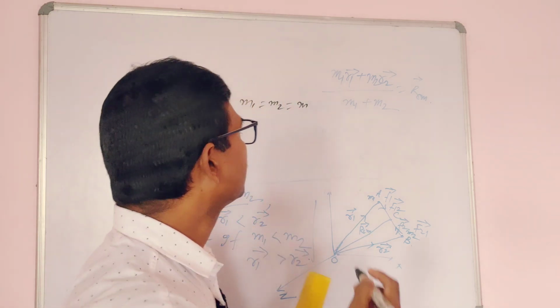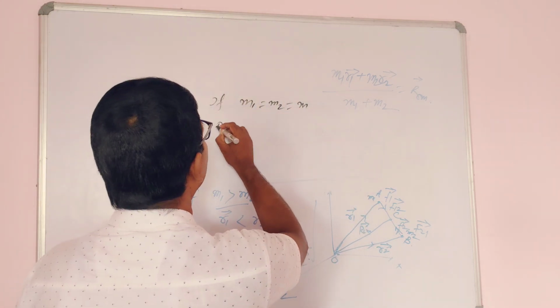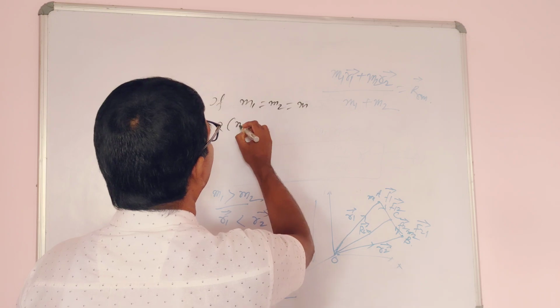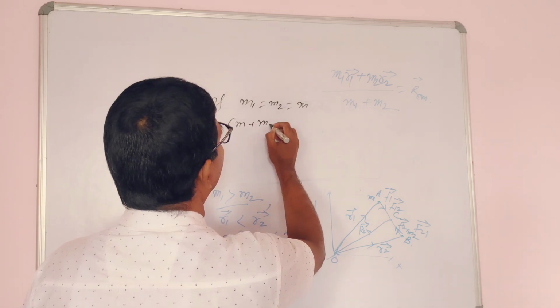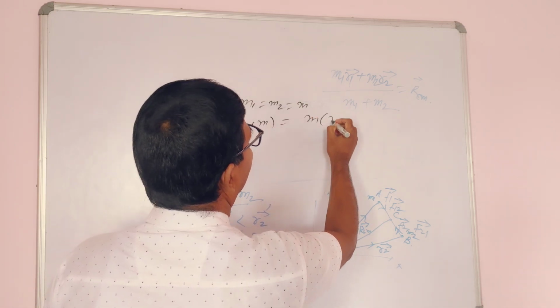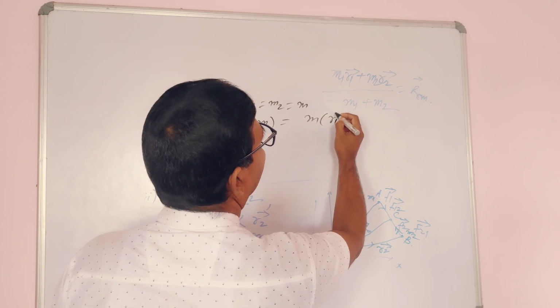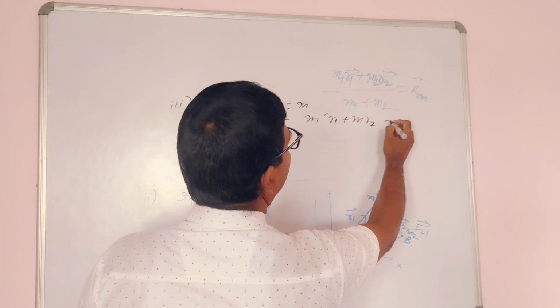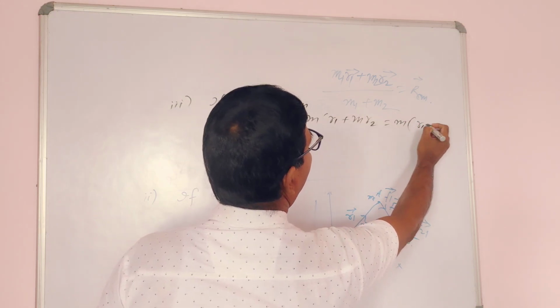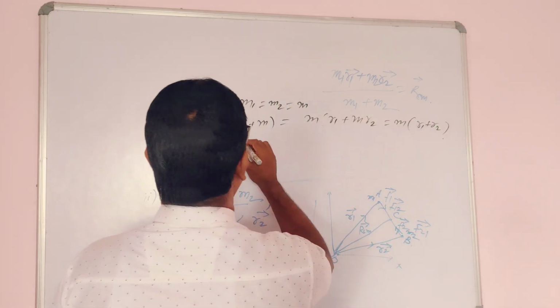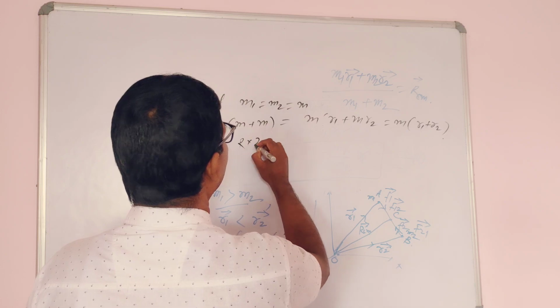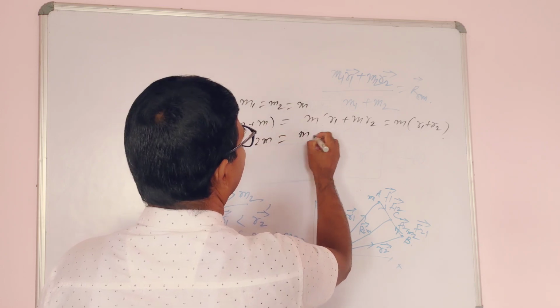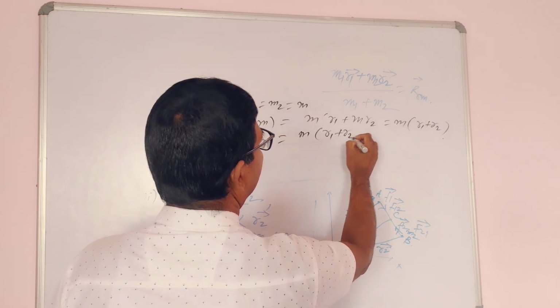What will you get? m plus m, so that is m r1 plus m r2. If you take m common, 2m R is equal to m (r1 plus r2).